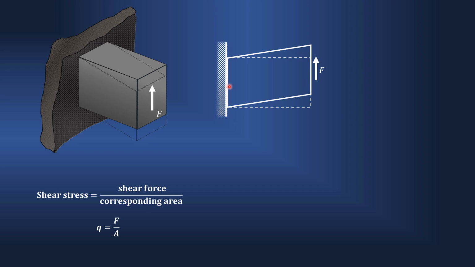With reference to this cross section, the cross section at free end has moved, say distance delta. L is length of the member. Now this diagram shows displacement over length L. So ratio of this displacement and corresponding length, that is shear strain. So shear strain is delta by L.